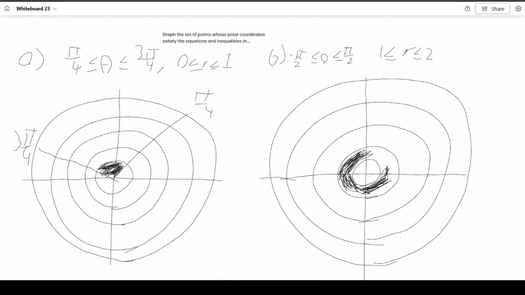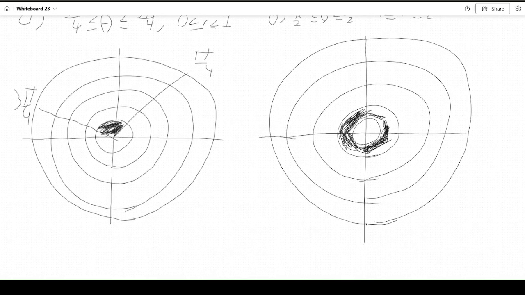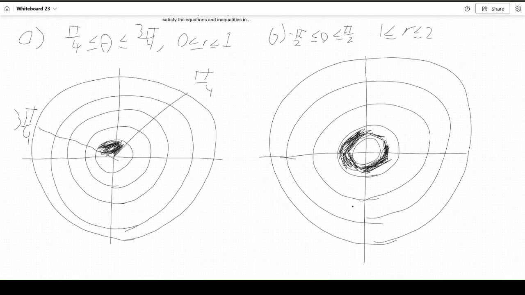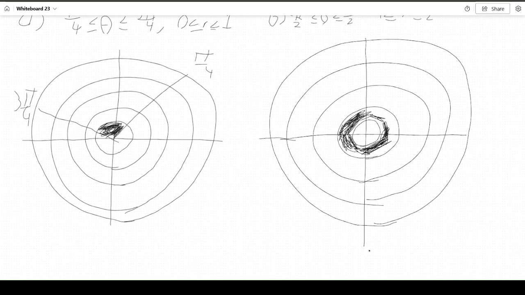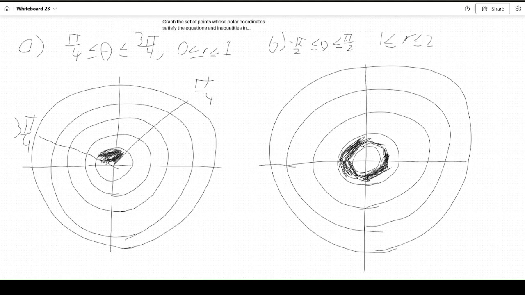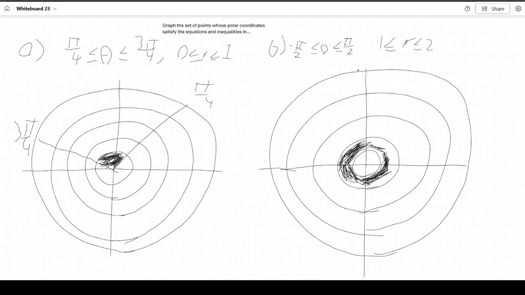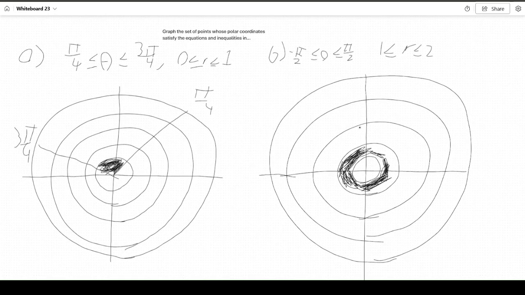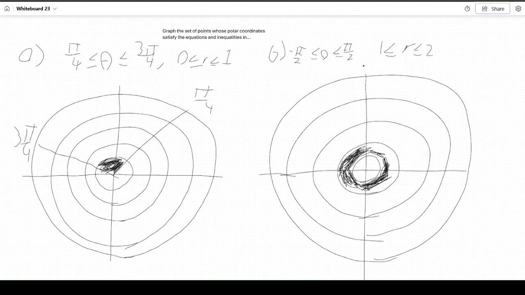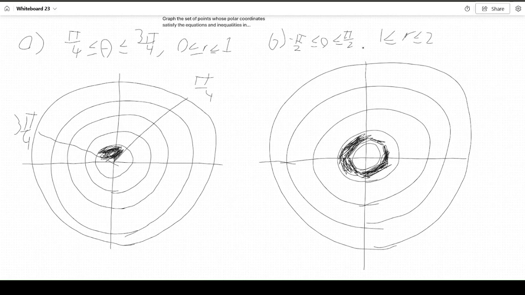For those of you who don't know, this little spot is negative pi over 2, and going from negative pi over 2 to pi over 2, this is going to be pi over 2. But in the negative version, this is going to be negative pi, and this is going to be negative 3 pi over 2. We don't really know where pi over 2 is, but whether it's going clockwise or counterclockwise, it's going to be from here. So in this situation, we're going to circle in the whole thing, with the radius from 1 to 2.